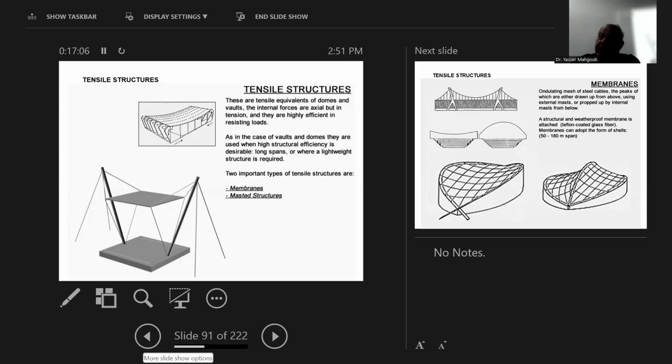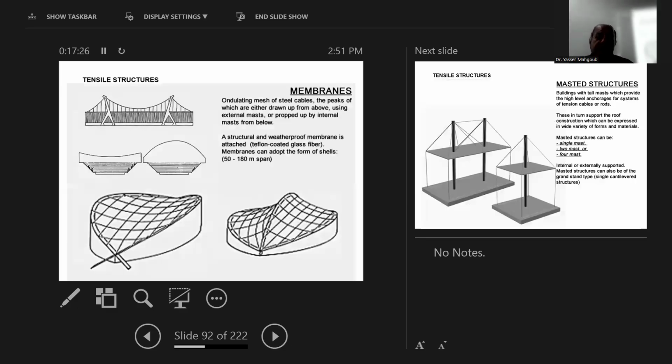So they have these cables, and these cables, they carry the roof from the top, but you need to have these big supports that take the load to the ground. So this tensile system is very, very creative and creates interesting buildings.